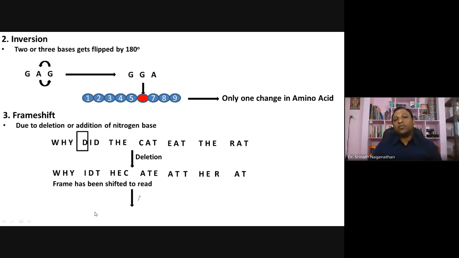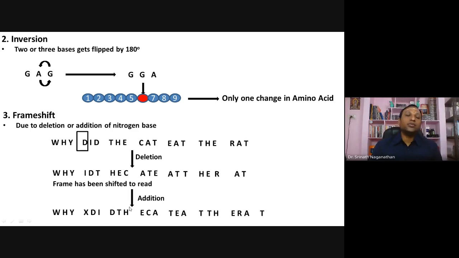What happens if an addition takes place? Say X is added at this particular position. Little bit changes are there. You can see here: Y, XDI, DTH, ECA, TEA, TTH, and ERA and T. So like this, if one more extra base is added here, that also changes the frame to read.